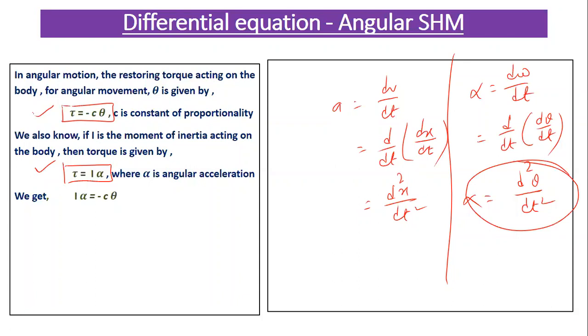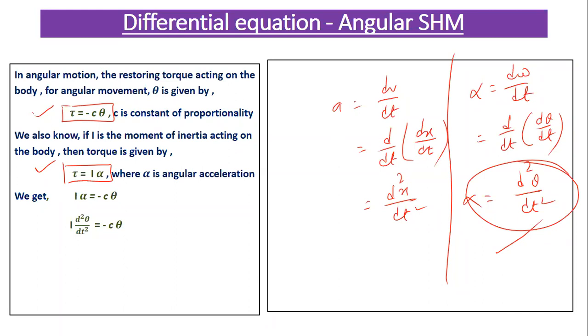Now let me try to simplify it. So alpha is equal to d square theta divided by dt square, and this I as it is equal to minus c into theta.